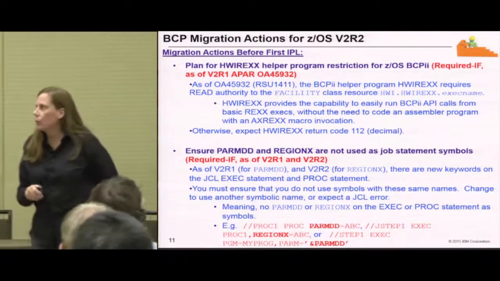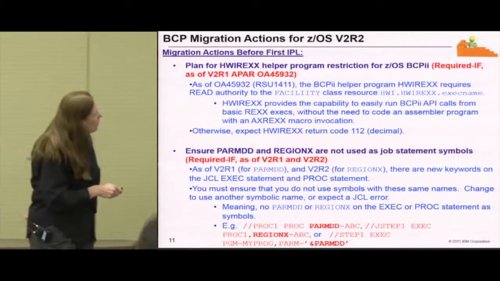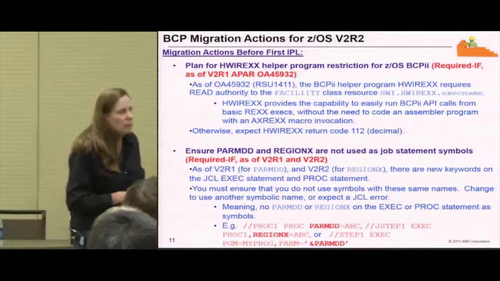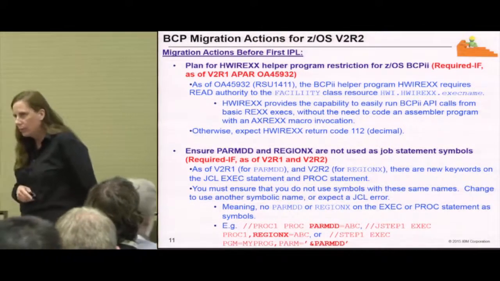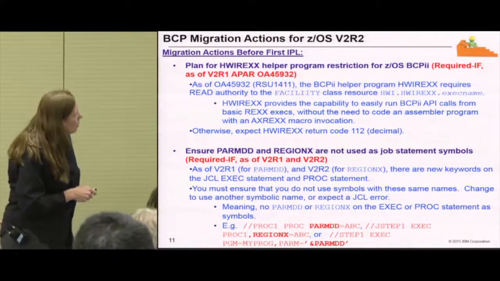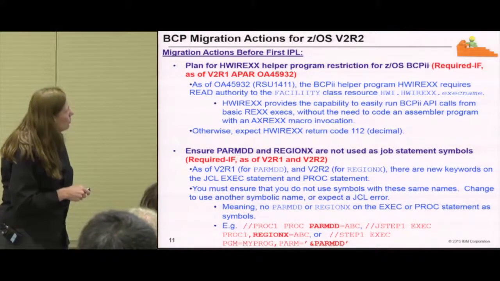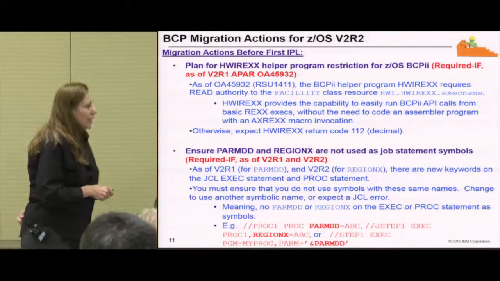Okay, so let's move on to some more BCP migration actions. This one I wanted to mention because I'm a real fan of BCPII, the REXX support that came in 2.1. And with that support, what was provided in BCPII was a little helper program called HWIREXX.